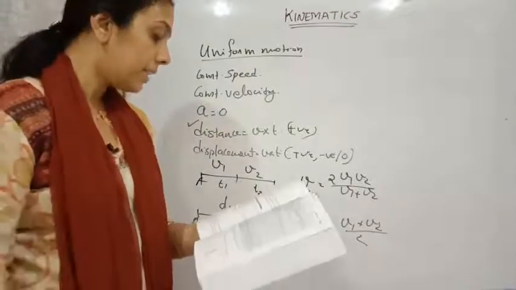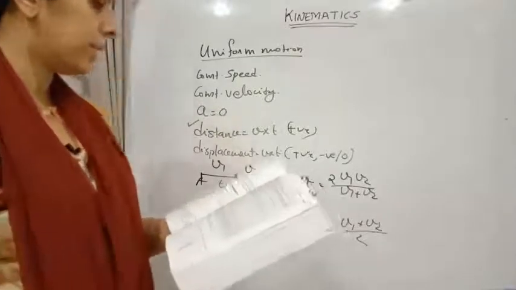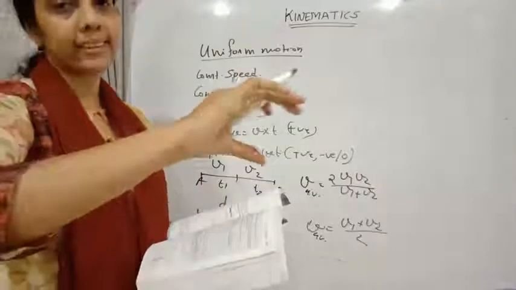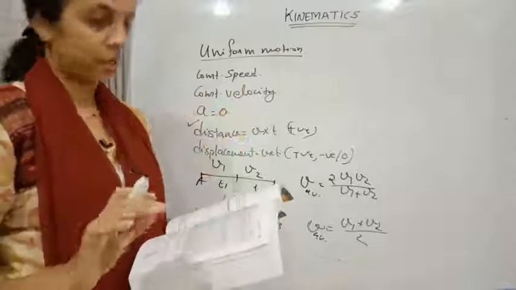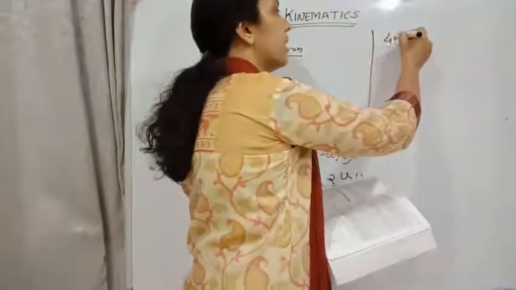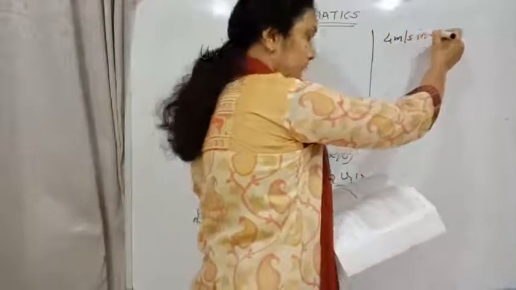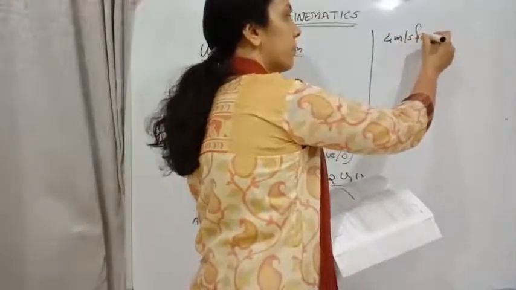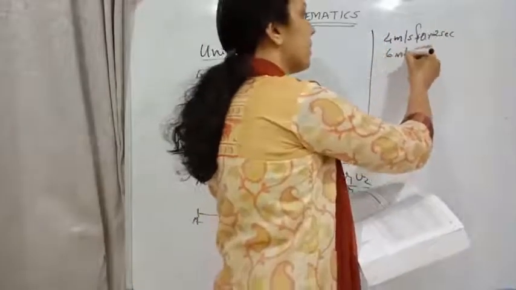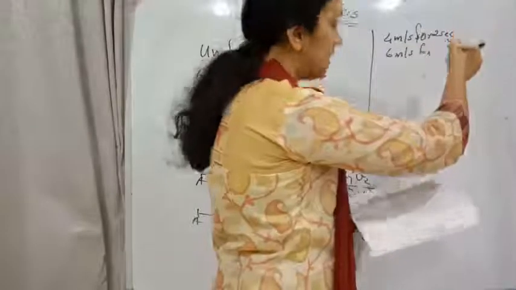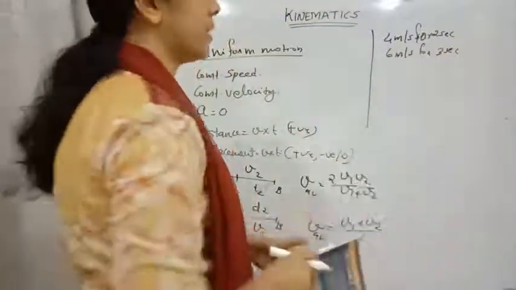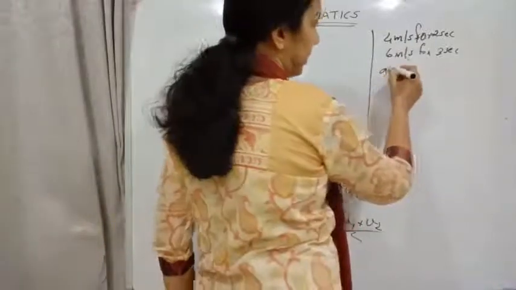Find the average speed of the particle in the given interval of time. We need to find out the average speed.